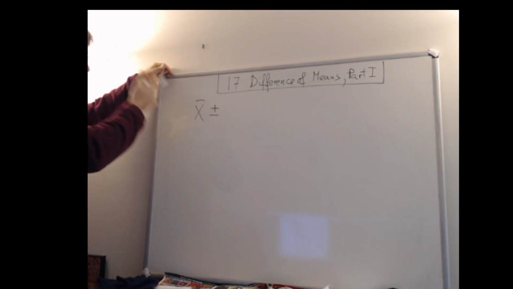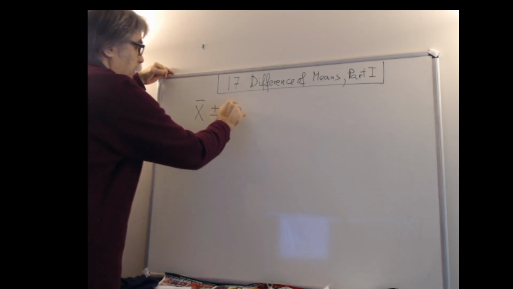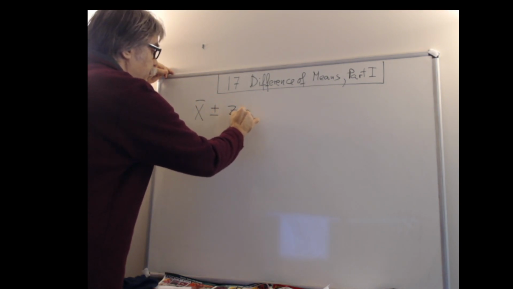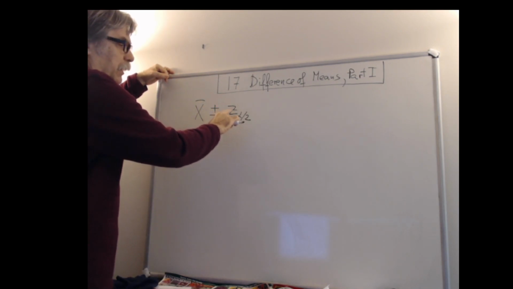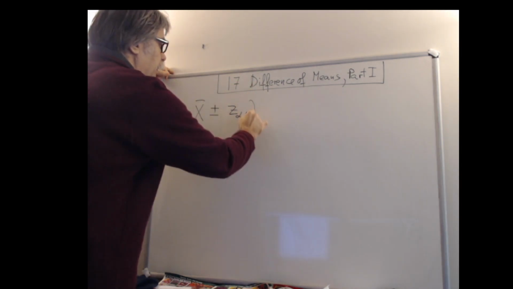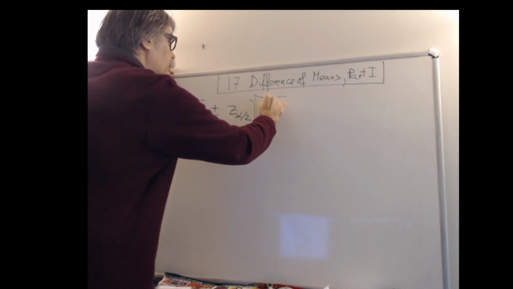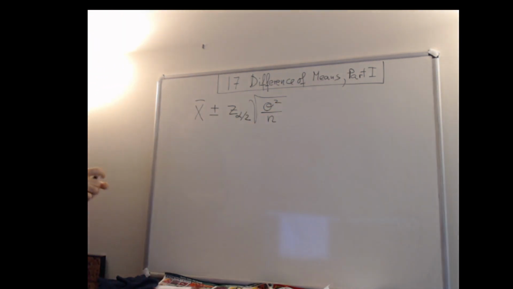We have the point estimate, which is the mean of the sample, and then we get the margin of error, which is when you multiply the critical value with the following standard error, right? So we have this for an estimate of the mean.